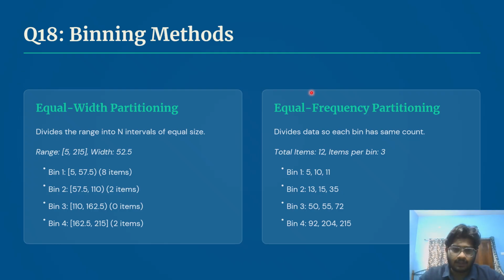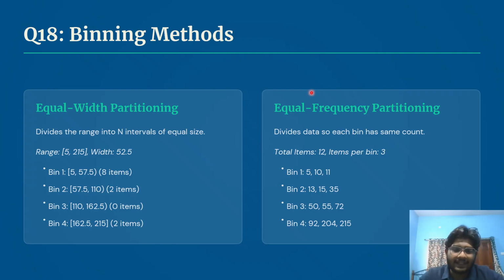Now, for the example that we have taken here, the width is 52.5. How we get it is, we take the range, 215 minus 5, that is 210, and compute the bin width.